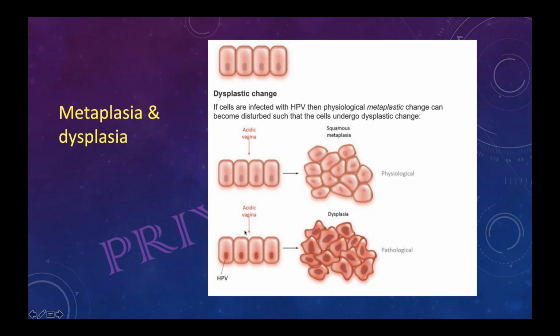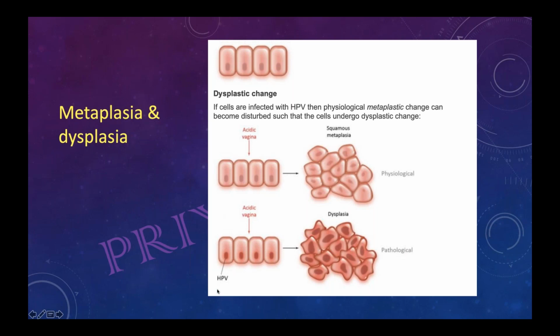But what happens on the other side, if these cells are occupied with the HPV virus? Then instead of going through this normal change of squamous metaplasia, the cells will go into dysplasia, and these are the dysplastic changes, and this is considered to be pathological. Therefore we always say that HPV is responsible for all the changes happening in the cervical cells, therefore it is pathological.